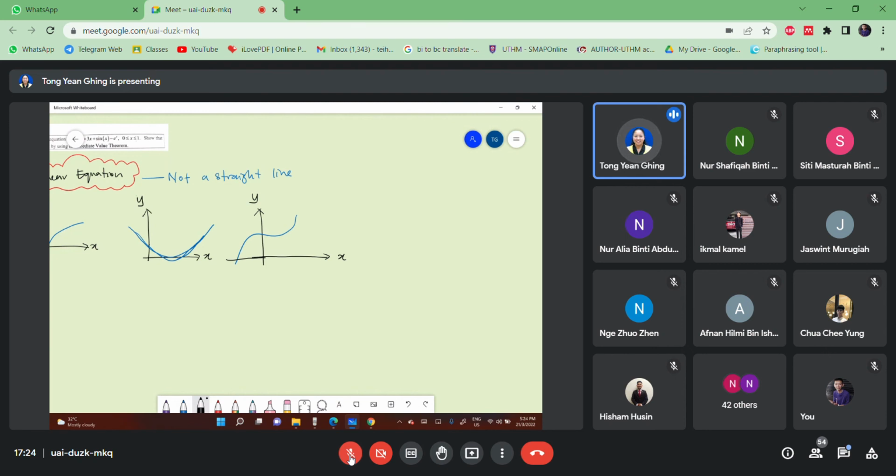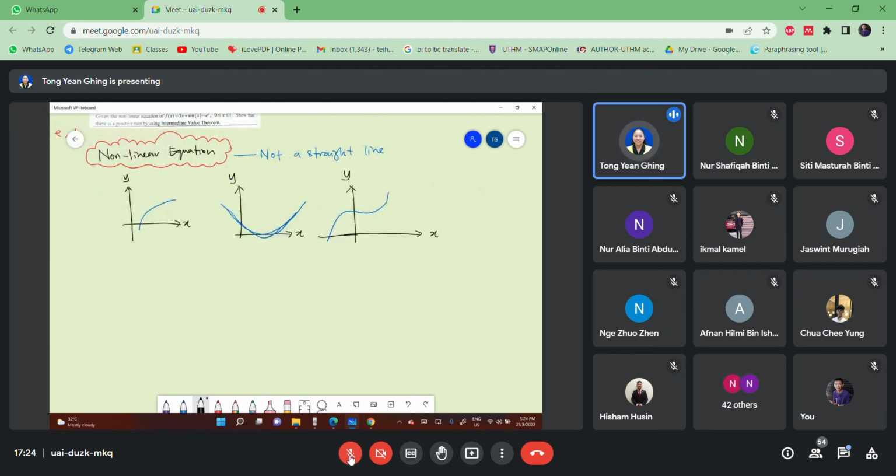So normally for the non-linear equation, some expressions can be like x plus ln x equal to 0, or maybe it has degree of 2, or maybe degree of 3, x cubic, 4x cubic plus 2x plus 1 equal to 0.